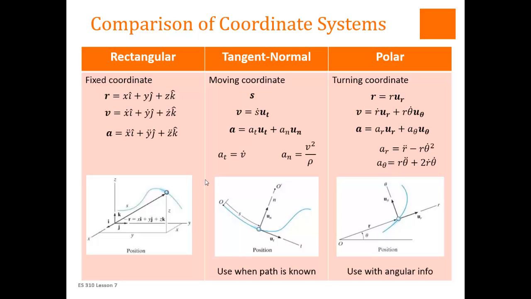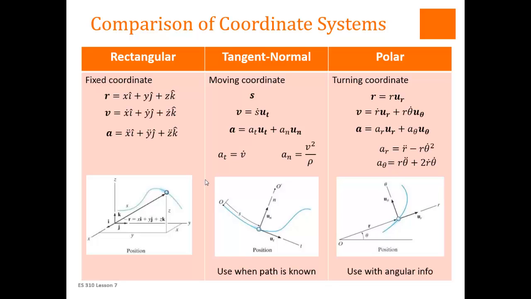In this case, there's one component of the velocity, and there are two components of the acceleration, one that is tangential or along the curve, and one that is normal or towards the center of the curve, which is sometimes called the centripetal acceleration. In the polar or cylindrical coordinate system, we have a coordinate system that is fixed but rotates.